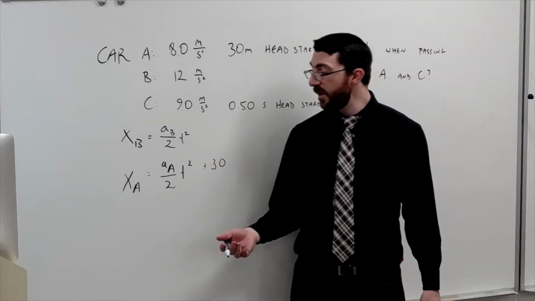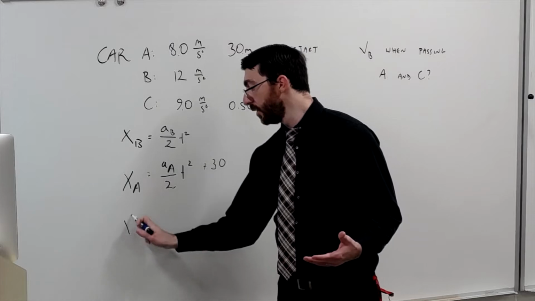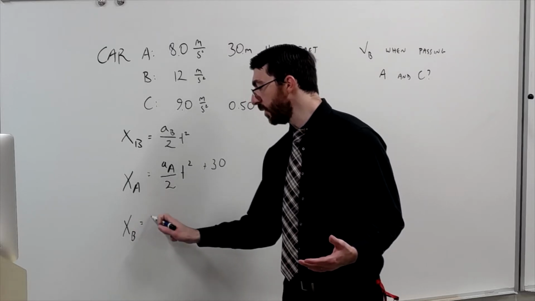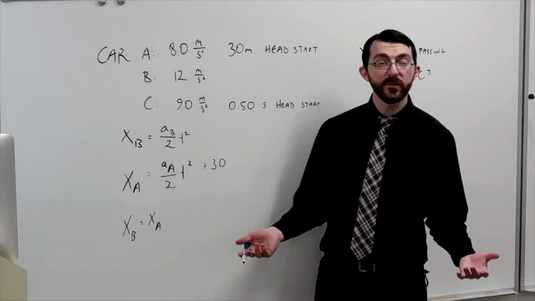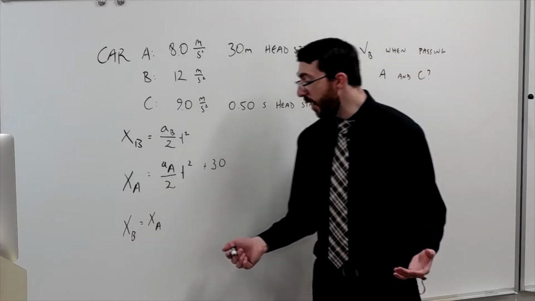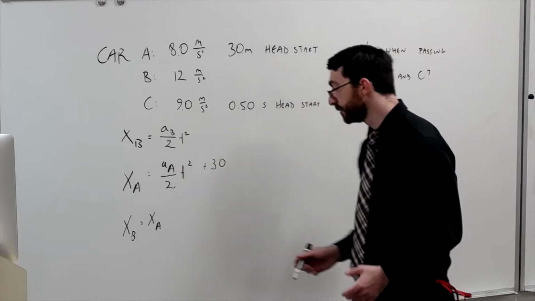Now, assuming that these two meet each other, it means the position of car B and car A will be equivalent, and if I substitute these equations, t will also be the same. I can just solve for t.